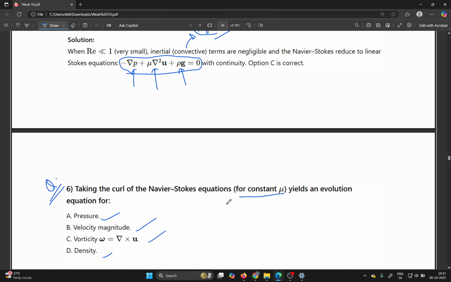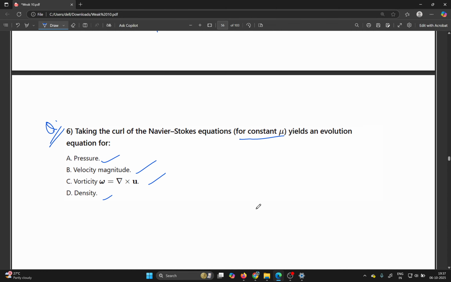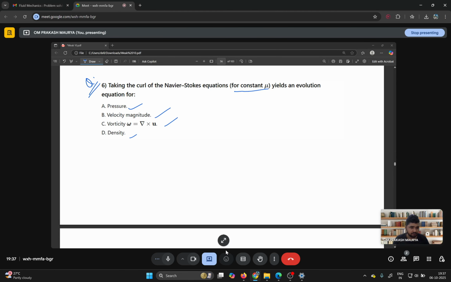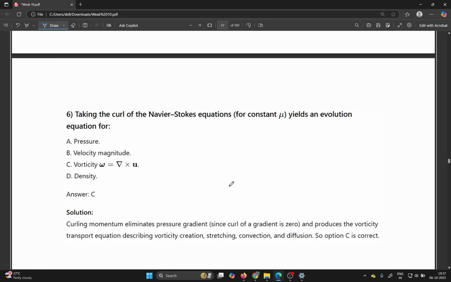If you think well, you will definitely come up with the correct answer. Let us move on to the final answer. Here again, option C will be correct.